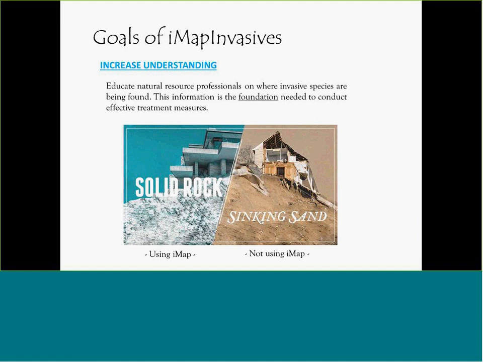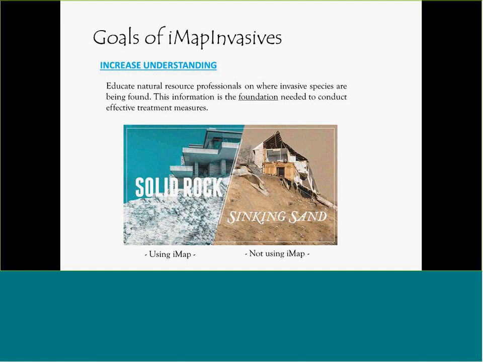So just in general, the database really helps to increase users' understanding of where species are being found, and because of that diversification of our data sources, we're getting information from people who are seeing things that maybe a professional isn't. Again, that citizen scientist component is important. It really helps to build a foundation that you need if you're a land manager and you're going to need to then go and conduct effective treatment measures.